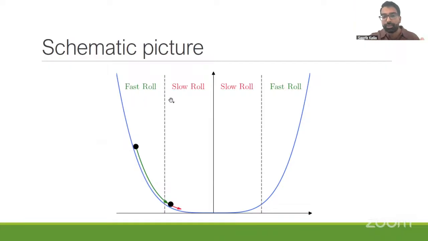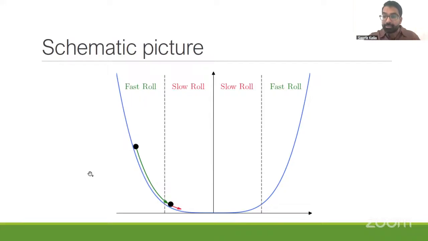But there are generically going to be some regions of the potential which satisfy the slow roll condition, and there are going to be some regions which don't, which I'll call fast roll. So let me suppose I'm in the scenario where I begin inflation in the fast roll regime. Then what happens? Well, as the name suggests, I will begin to proceed very fast down the potential until I reach the boundary between this fast and slow roll regime.